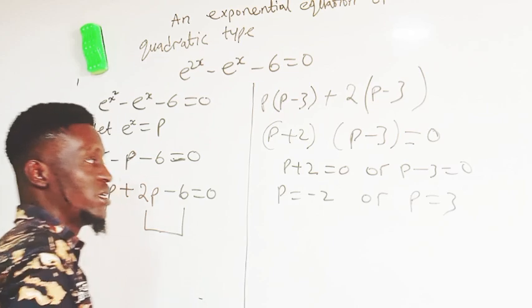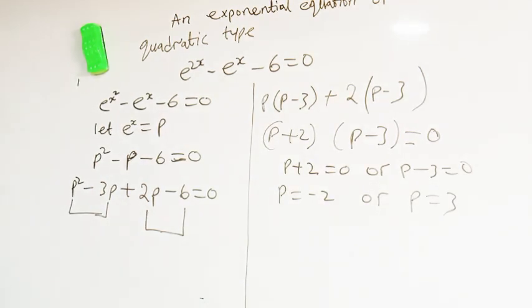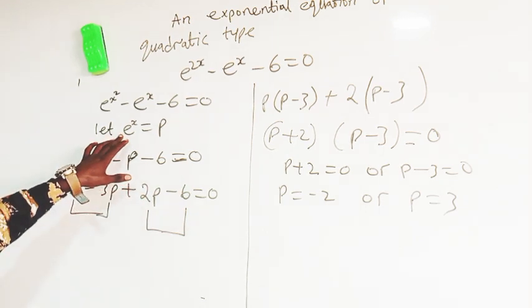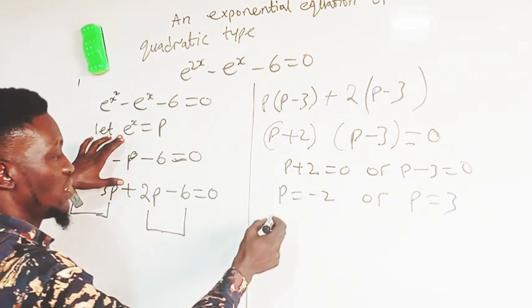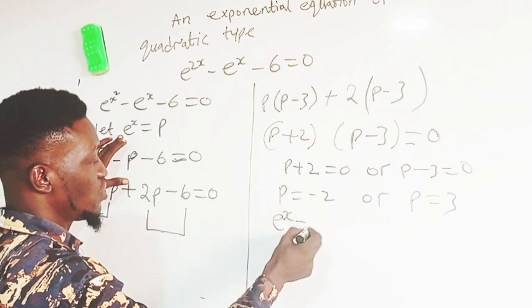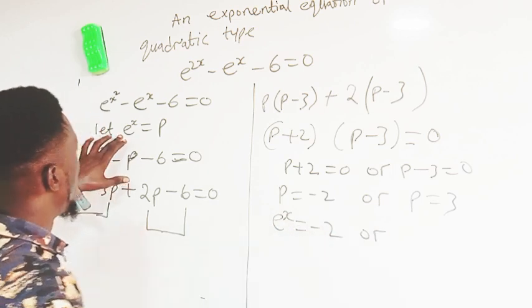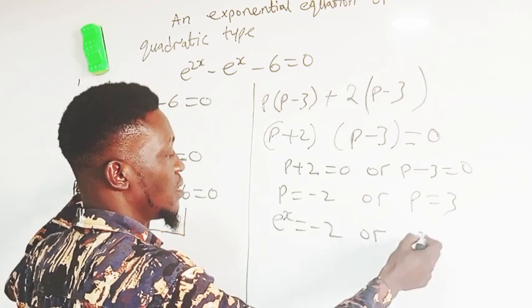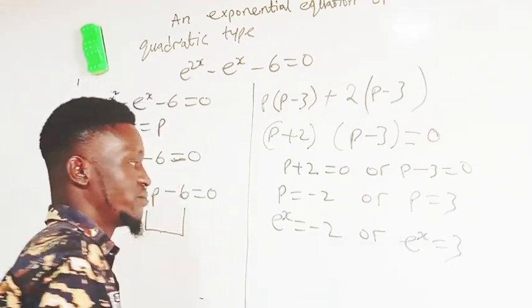But in our initial equation, we are told that p represents e raised to power x. So we say e raised to power x is equal to minus 2, or e raised to power x is equal to 3.